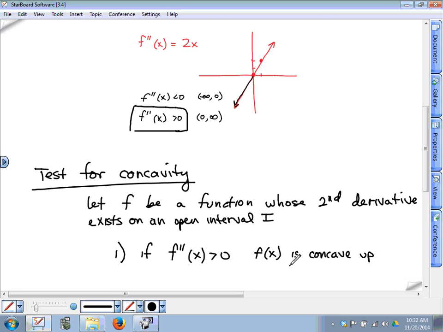If f double prime of x is greater than 0 for all x in I, and what is I? An interval.